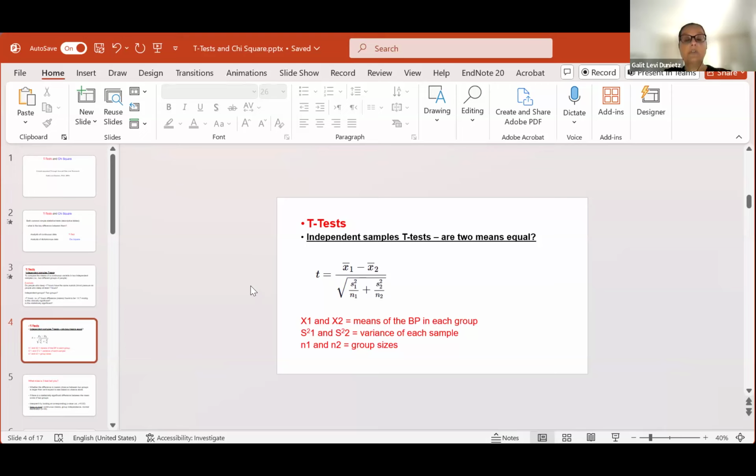We calculate the mean of the first group, the short sleepers, and compare it to the long or normal sleepers, and then we divide by the variance in each of those groups, accounting for sample size. Because the groups could be similar, but could have different sample sizes. So this is the test statistic.